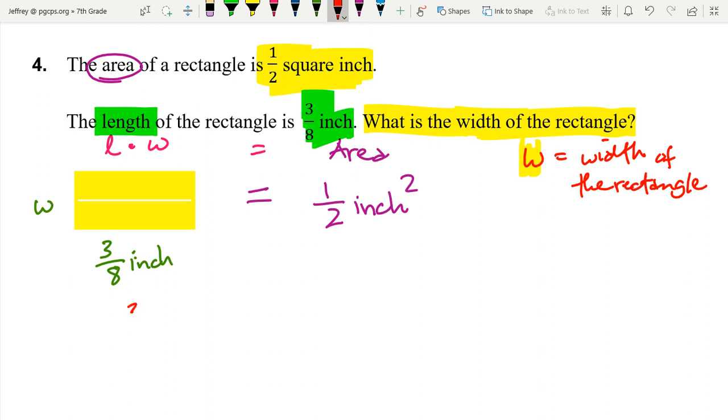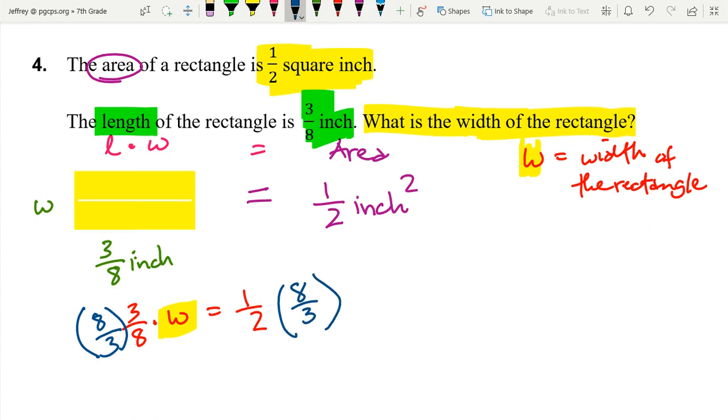Now, length times width is equal to the area. So that means 3/8 times the width would give you 1/2 inch squared. Our goal is to isolate the variable. Let's use the reciprocal. So we're going to multiply 3/8 by 8 over 3. Whatever I do on one side, I do on the other. This becomes simplified to just 1W is equal to 1/2 times 8 over 3.